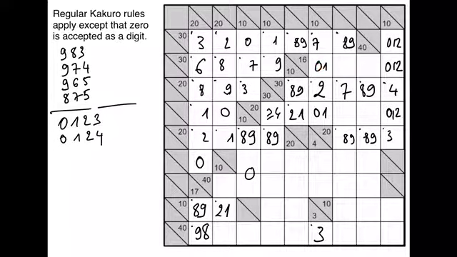Maximum values here are 1, 6, 7, and 2. And the sum of those maximum values is 16, so those maximum values are forced. 1, 2, 6, and 7. Now this is a 0, this is a 1.